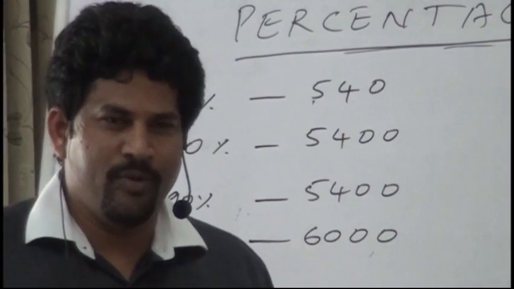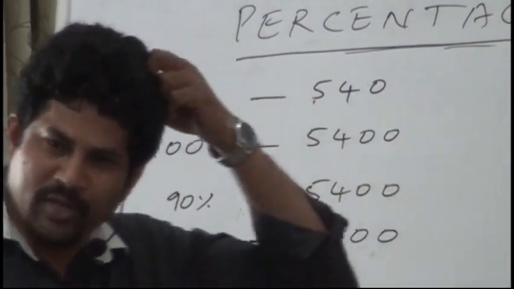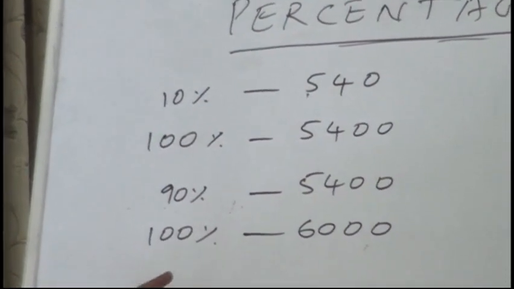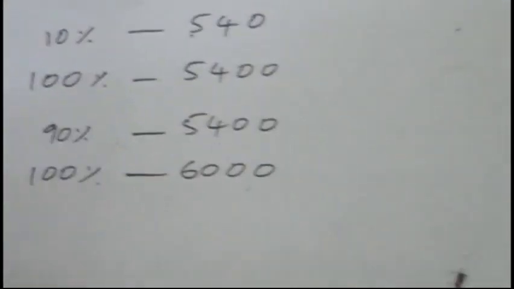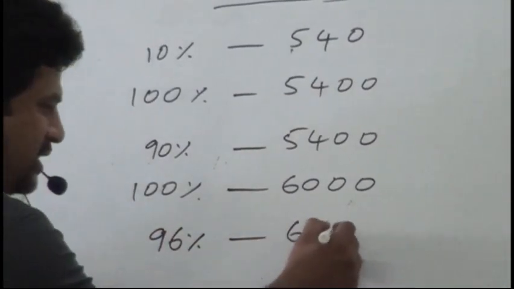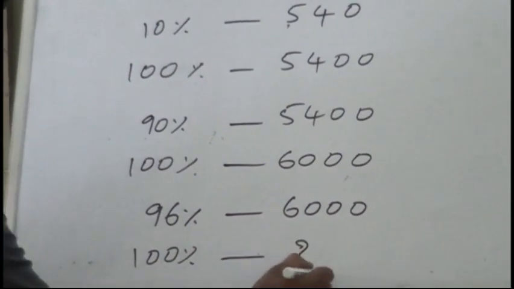No. What did he do before this? 4% was removed. So after removing 4%, we got this number. So this is actually equal to what percentage? 96. 96% is 6000. Now the question: what is 100%?